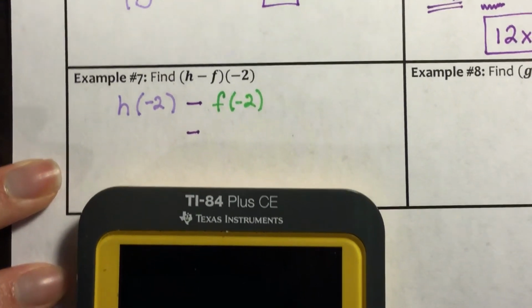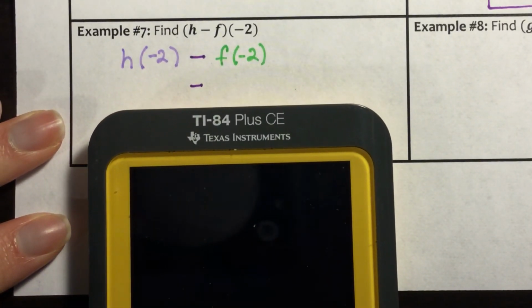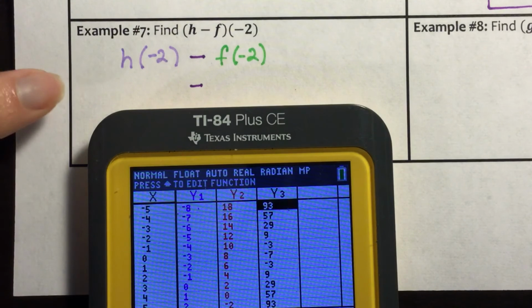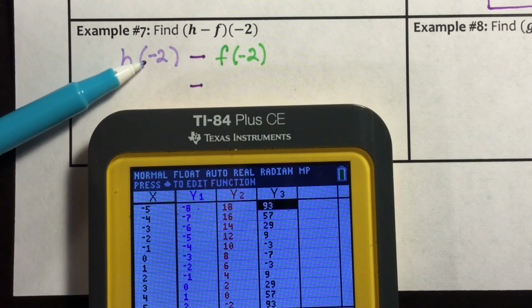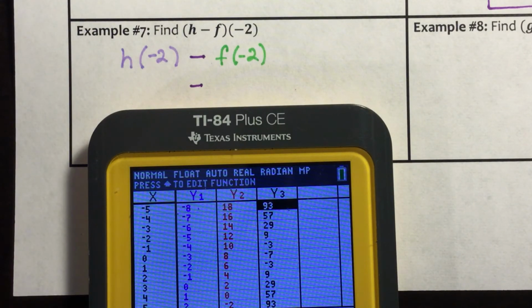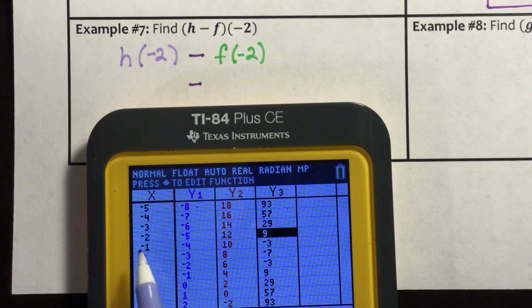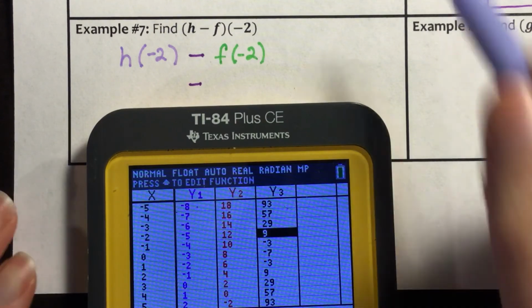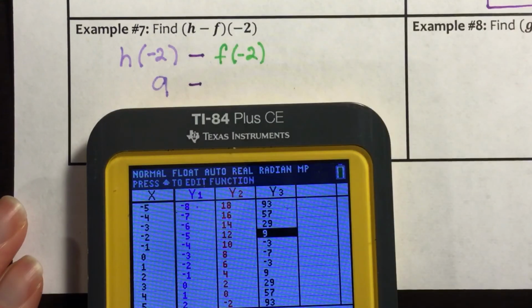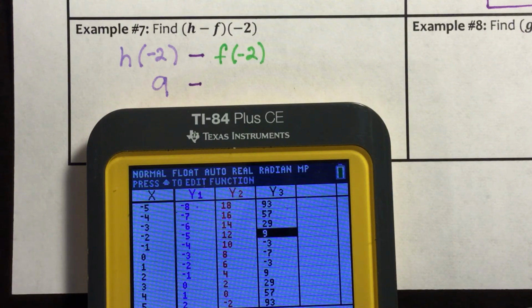Okay, h was y3 and f was y1. Okay, we are plugging in negative 2. So h of negative 2 is 9. Here's the negative 2 for x, and our third column, y3, was h, so this is a 9. And then f of negative 2.